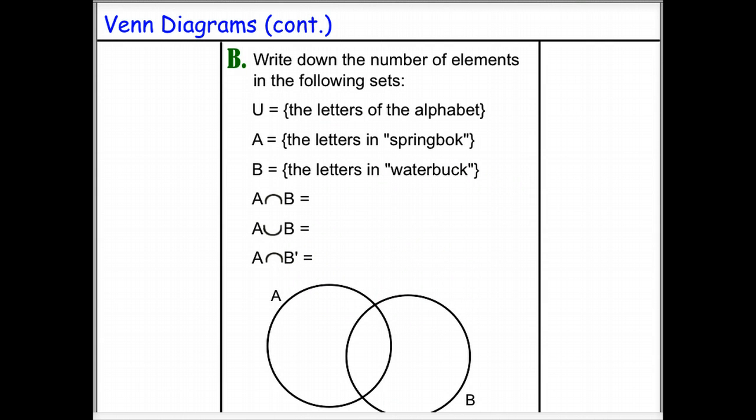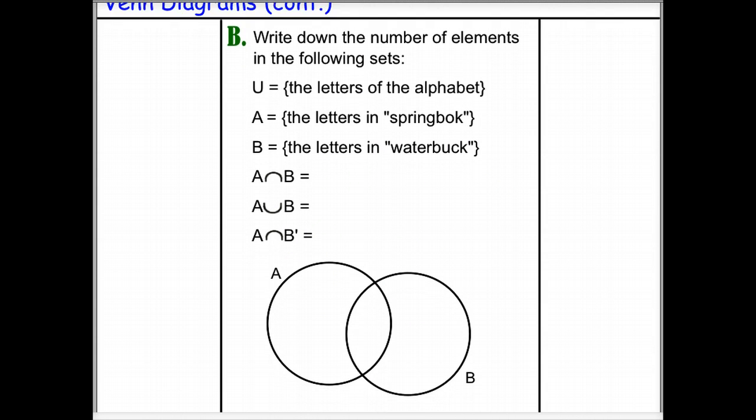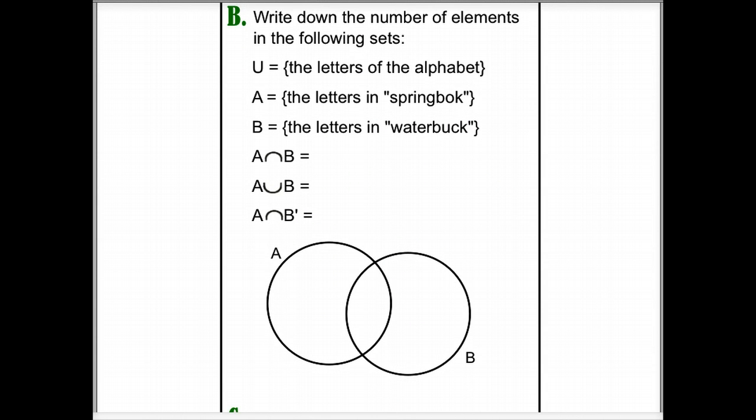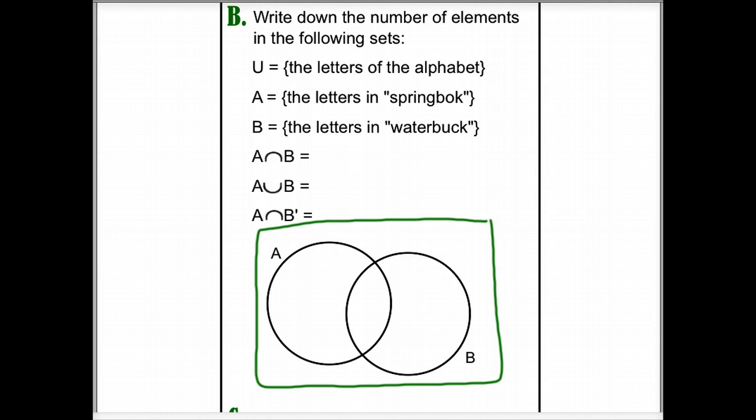Now we need to take a look at one that's not quite as straightforward. We've got the letters of the alphabet for the union set, which we put into a rectangle and note as the union, and A is the letters in Springbok and B are the letters in Waterbuck.